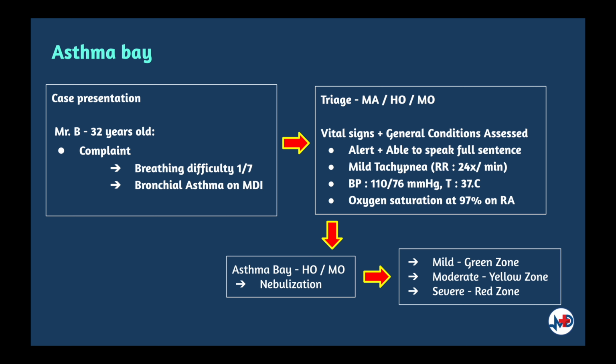The patient will then be sent over to the asthma bay for further treatment of nebulization and evaluation by the house officer or medical officer. Take note that this patient was sent to the asthma bay as his vital signs were stable. However, in more severe cases like moderate or severe asthma in respiratory distress, the patient would be sent over to the yellow or red zone respectively.